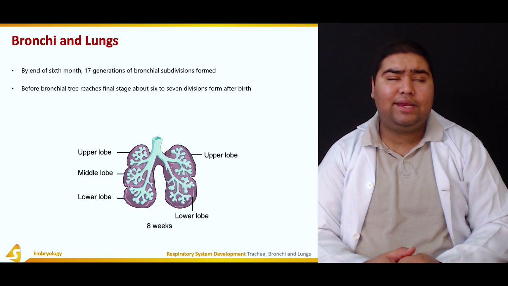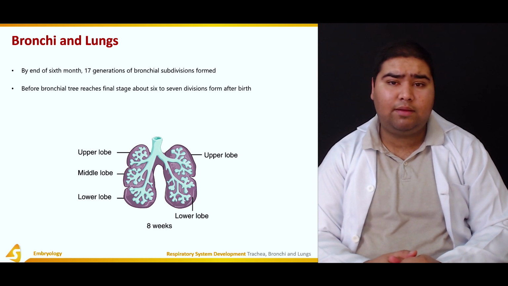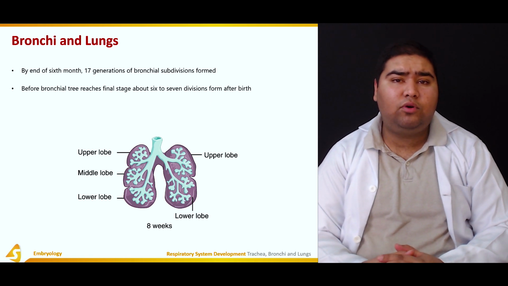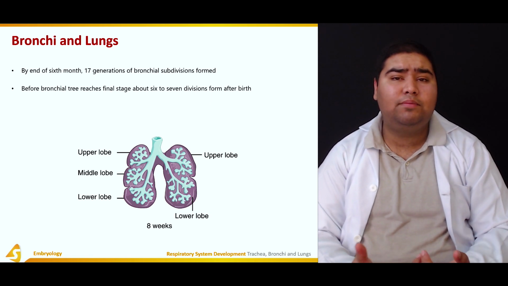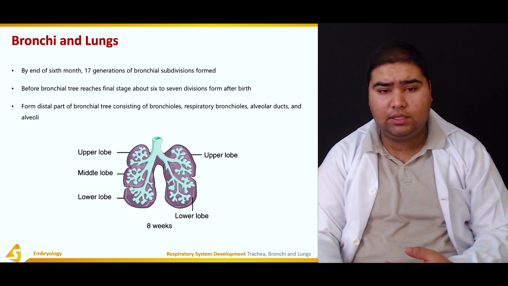Before the bronchial tree reaches its final stage, about 6 to 7 divisions take place after birth. So when a child is born, its lungs are not completely formed, but 6 to 7 divisions take place after birth.